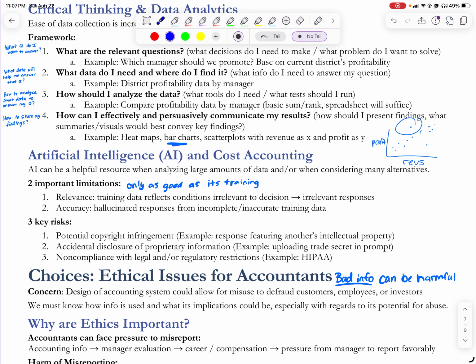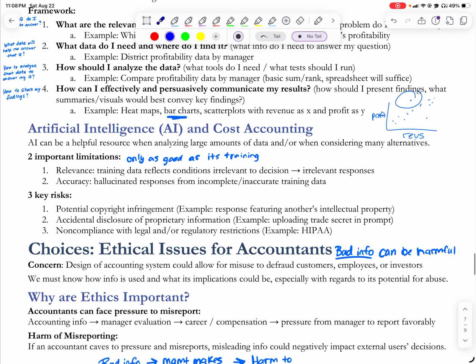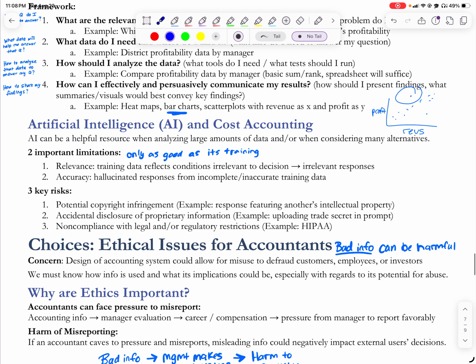So it would take into account revenues when you're looking at it alongside profitability. It helps us see the outlier. That could be an effective way of communicating profitability as a share of revenues, or profitability in its relationship to revenues, if that was important. The heat map would just highlight whoever is the most profitable.